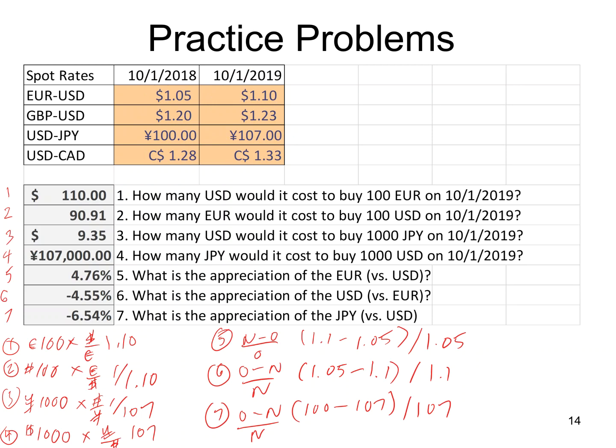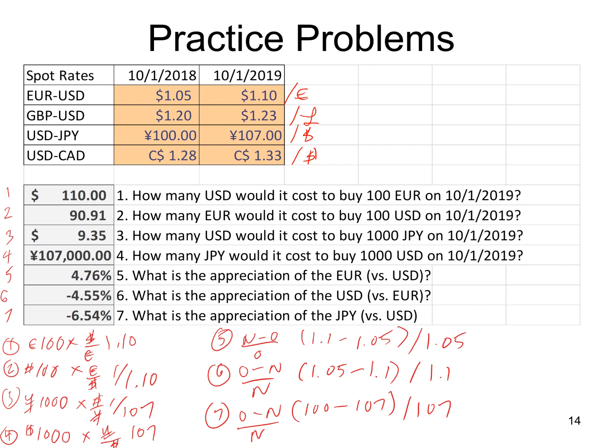So you have the dollar price of the euro, the dollar price of the pound, the yen price of the dollar, and the Canadian dollar price of one US dollar. So I've got 2 direct quotes and 2 indirect quotes. The dollar price of a euro is $1.10. The dollar price of a pound is $1.23. It's 107 yen per dollar and 133 CAD per dollar.